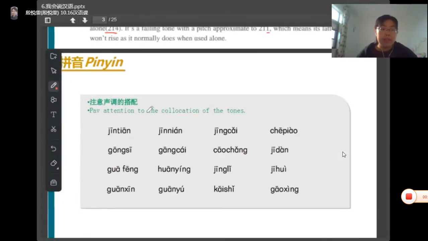Okay, let's see these tones: 1, 2, 3, 4. Who wants to have a try? Read the first line.